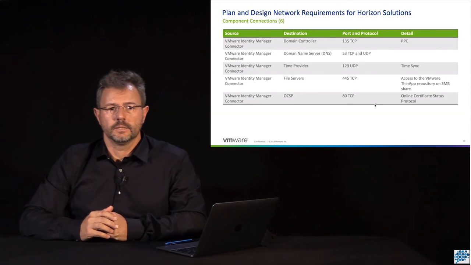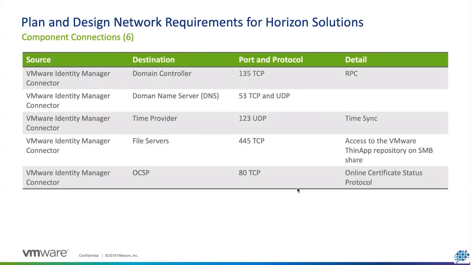On the next slide, we also have when the connector is talking to your domain controller over port 135 or 53, which is the DNS we already know. Again, you also have port 123 in place, which is NTP, the Network Time Protocol. And if you're going to leverage the ThinApp repository, it's going to use port 445 over the CIFS share.